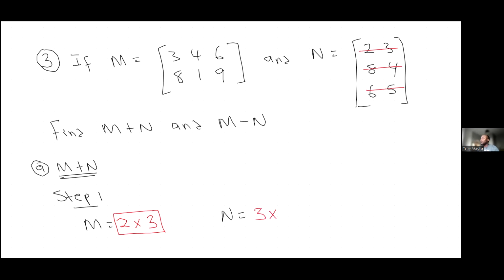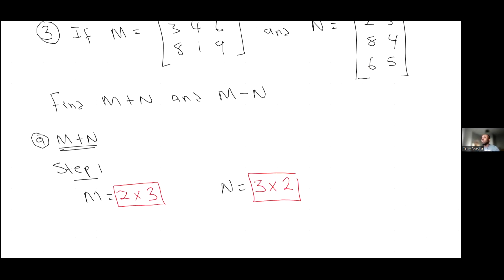And for the columns, we have 1 and we have 2, so 3 by 2. So you can see they are not in the same order. You can see the first one is not the same order as the second one, and because of that, it is not possible to add this.